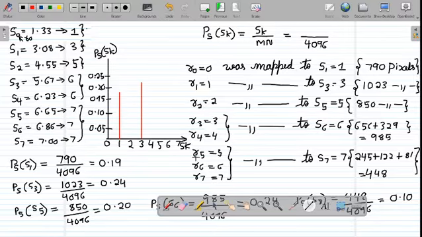Next we consider S5, its probability is 0.20.